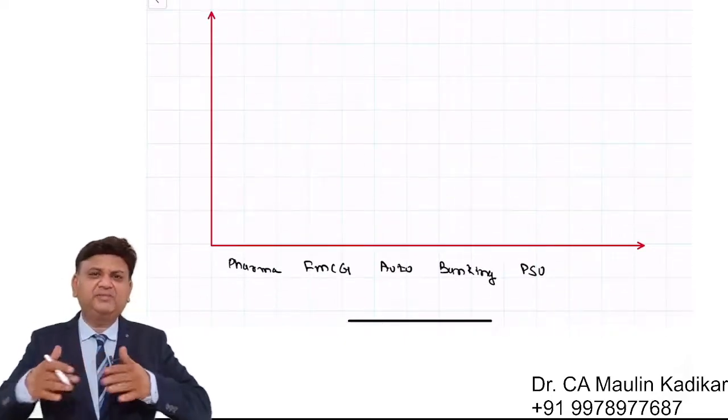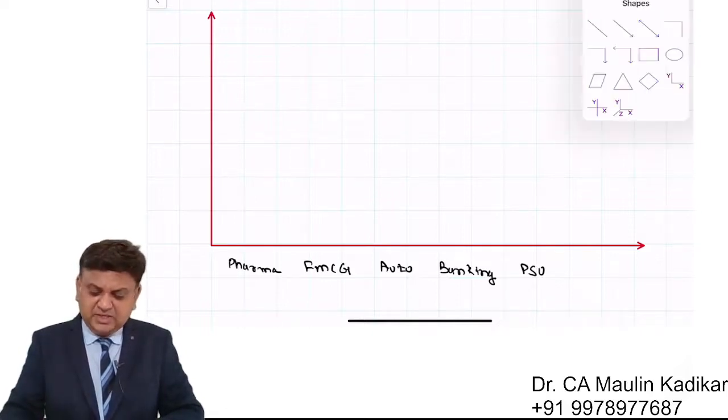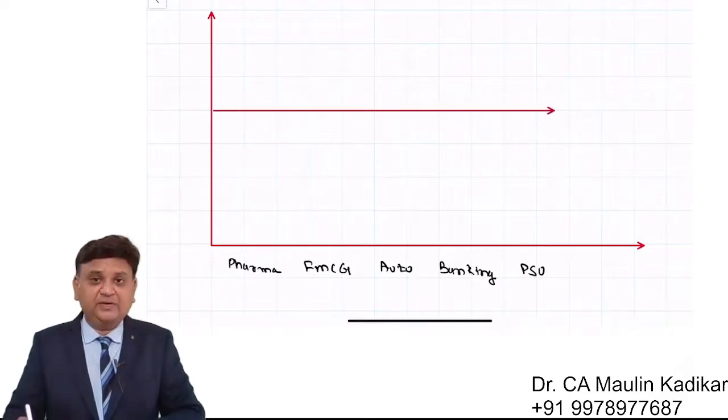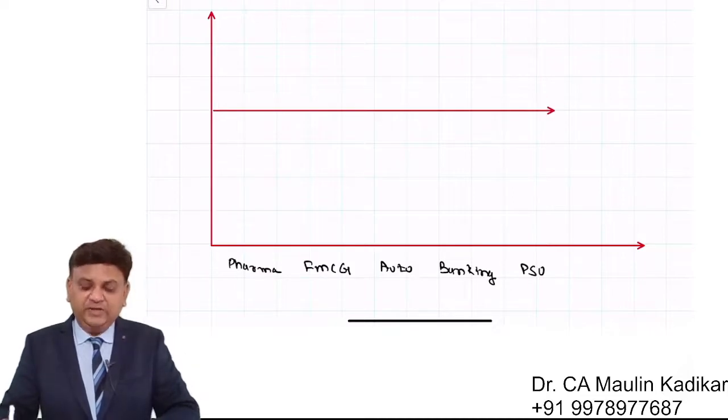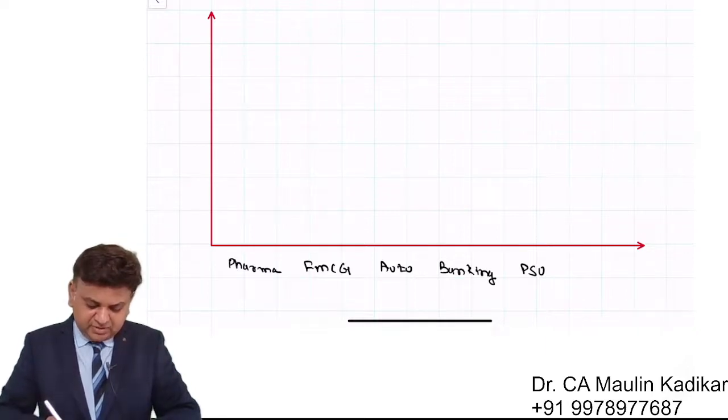There are a number of businesses. Whether all these businesses have the same level of risk or different levels of risk? We understand, friends, that all these businesses have different levels of risk. So the risk level will change like this.